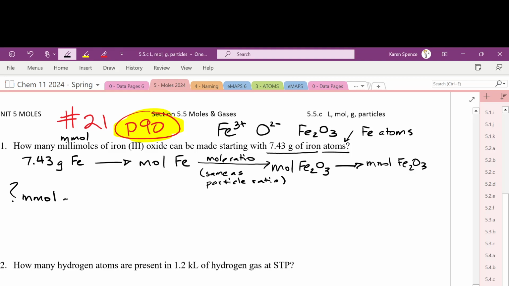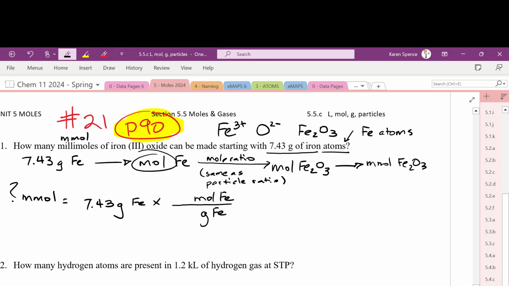Okay? So we're going to start with 7.43 grams of iron times, what do we want to cancel? Grams. Grams of iron, and we need to find the molar mass. Moles of iron, so we need to find the molar mass.